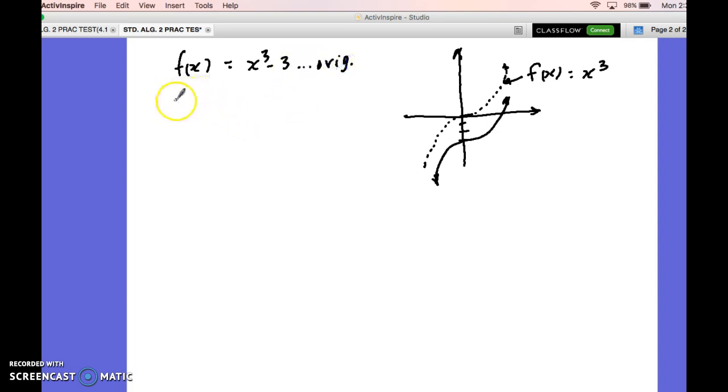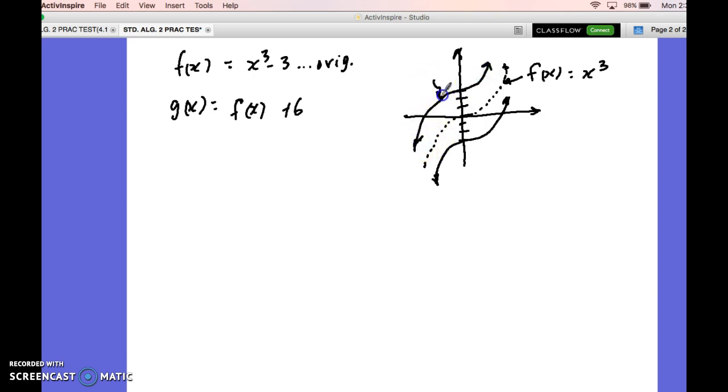They ask us to find g of x, which is a transformation of that. So g of x is equal to whatever f of x is plus 6. So all we do is we take the original and we add 6 to it. So graphically it would look like this from here. 1, 2, 3, 4, 5, 6. Like that.